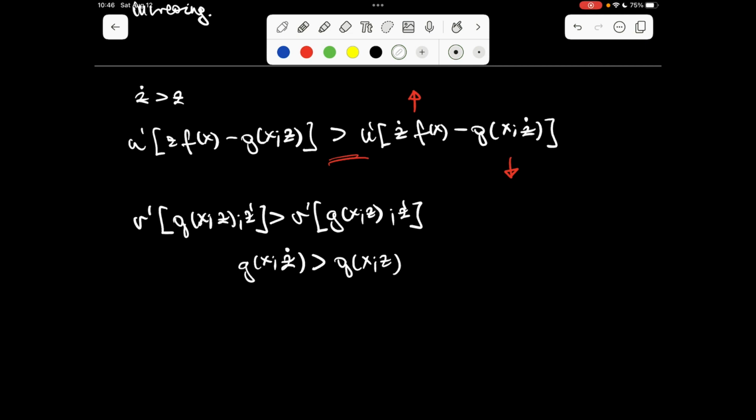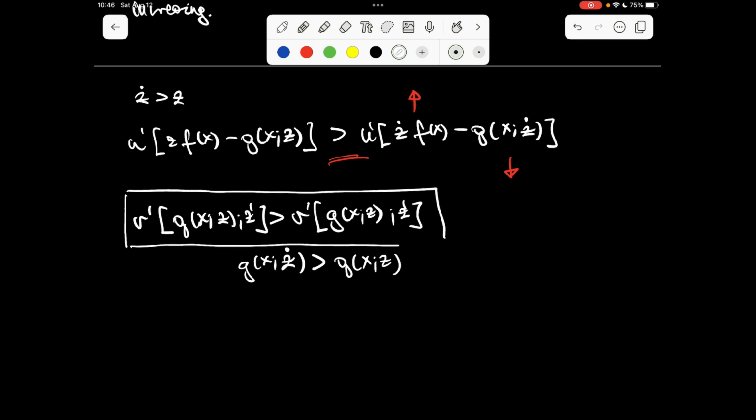Please note that this relation was key in the proof, which comes from the first order condition, from the fact that transition function Q is monotone.